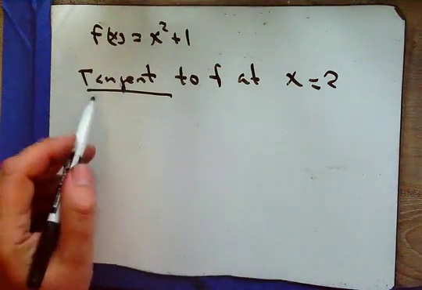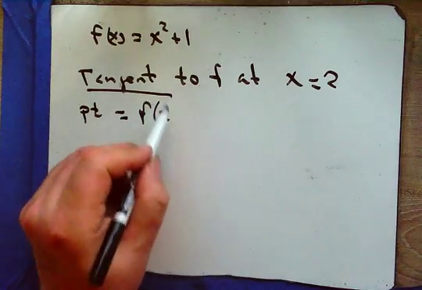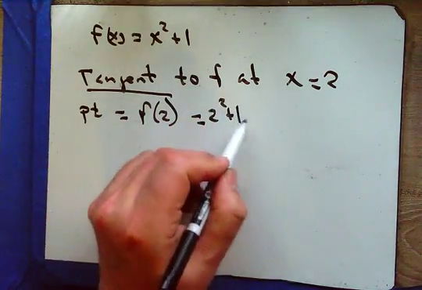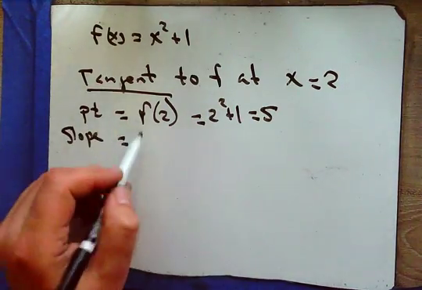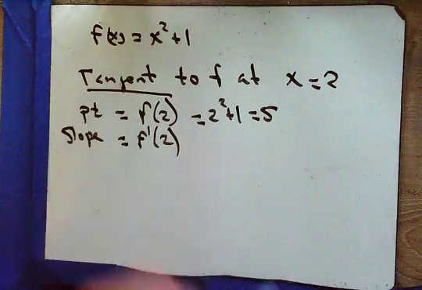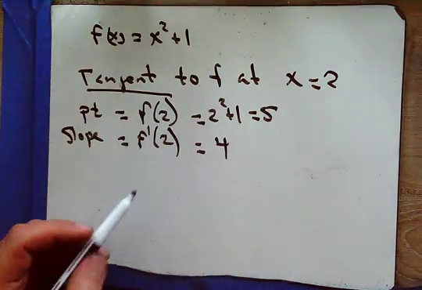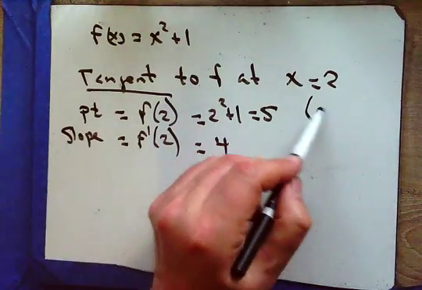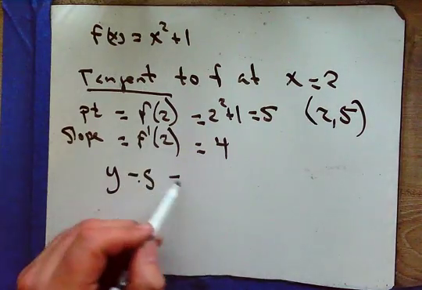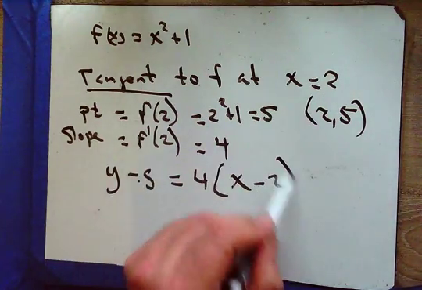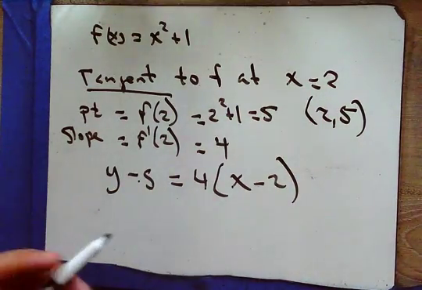Okay, so in order to write the equation of the tangent line, I need a point, which in this case would be f of 2, which is 2 squared plus 1, 5. I also need a slope, which is f prime of 2, and we just found f prime of 2 to be 4. But now that I have a point and a slope, I can write the equation of the tangent line. Y minus 5 equals 4, x minus 2. There's our point, there's our slope, I love point, slope, point.